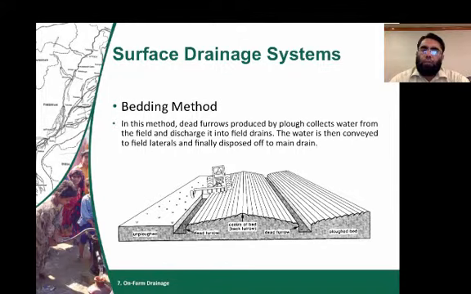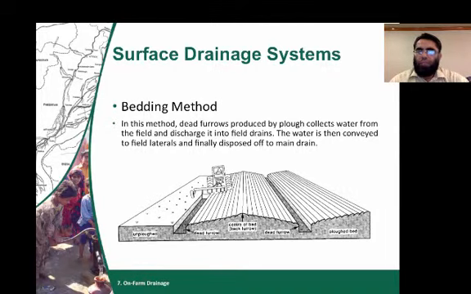Okay, now we discuss surface drainage methods for flatlands, and one such method is the bedding method. In this method, furrows are produced by a plow which collect water from the field and discharge it into the field laterals.